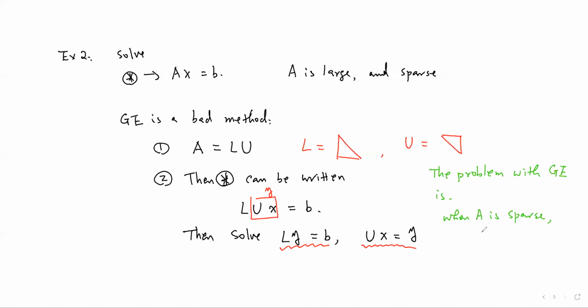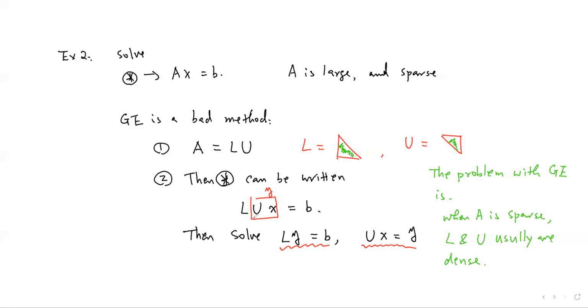When we perform LU factorization on the matrix A, L and U usually are dense. What does dense mean? Most of the entries are non-zero. All the entries non-zero.